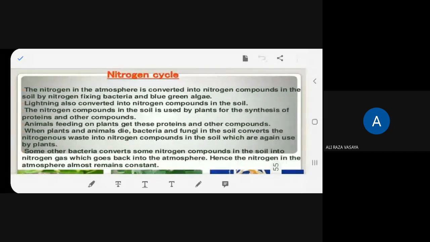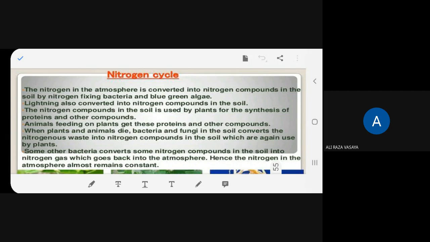Now what is next? Read animals. Animals feeding on plants get these proteins and other compounds. So now animals will eat that plant, so it will get the ready-made protein from that plant. Isn't it better? It's getting all things ready-made, ready-made protein, ready-made other substances, and it is using up those ready-made things.